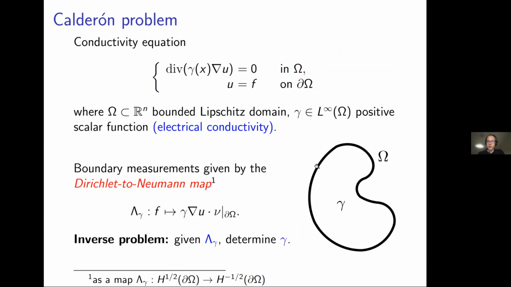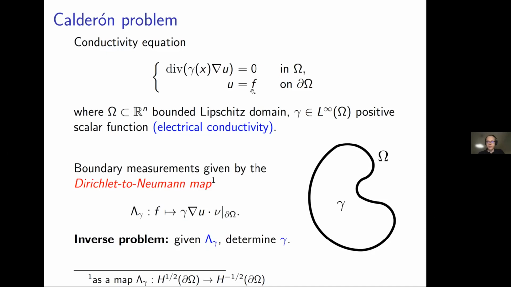It could be the Earth, for instance. Mathematically, it will be a bounded Lipschitz domain in R^n. And there's a positive scalar function gamma in omega, and this will be the electrical conductivity at each point inside the Earth. And you have these electrodes on the surface, which is the boundary of omega.